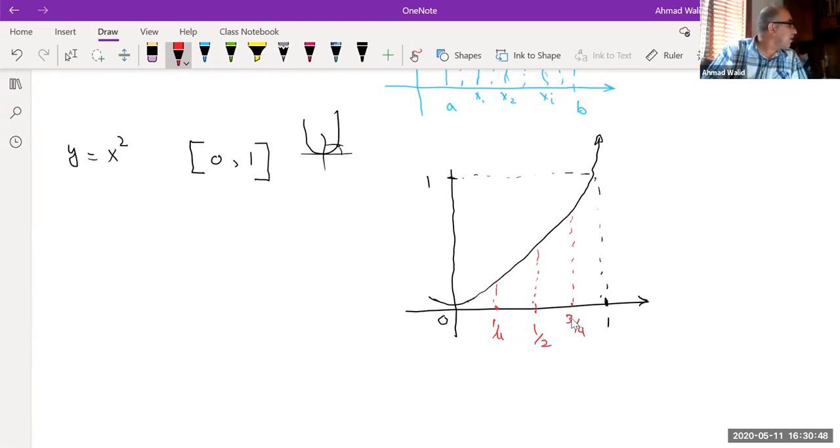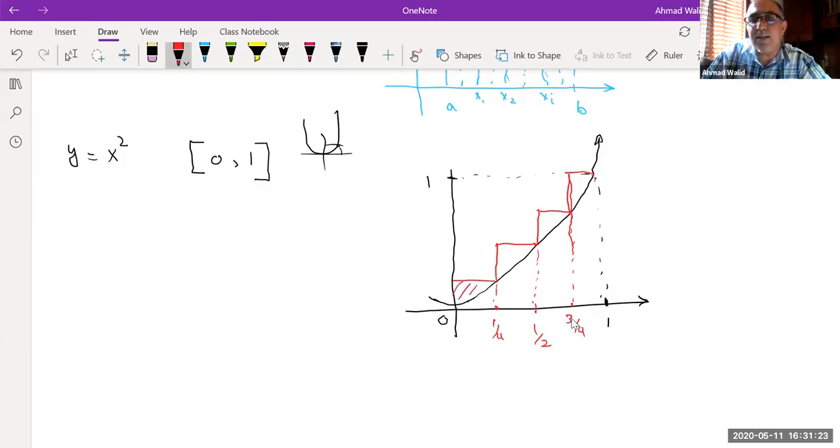First, let's start with the upper sum. Upper sum means let's connect the right end to the left end. See how I'm connecting the right end to the left end, again and again for each piece. Why did I do this?